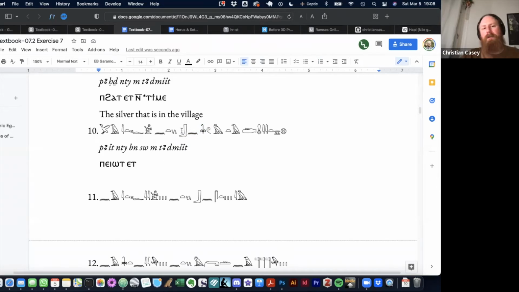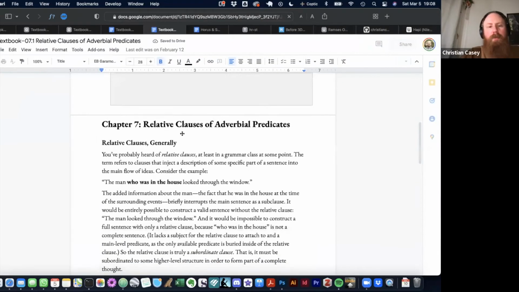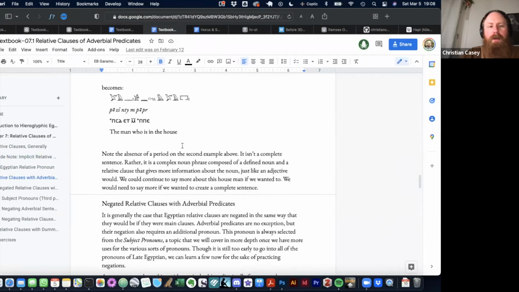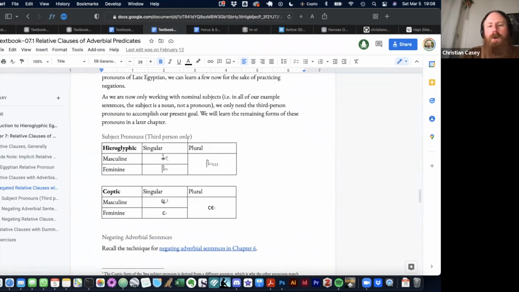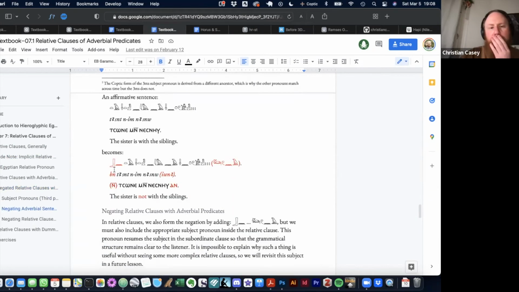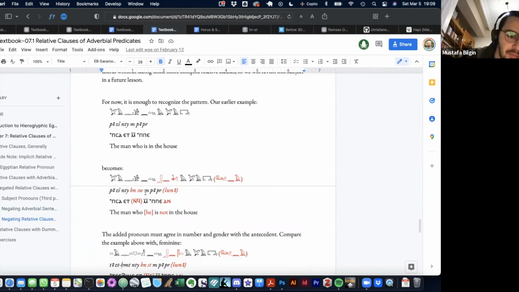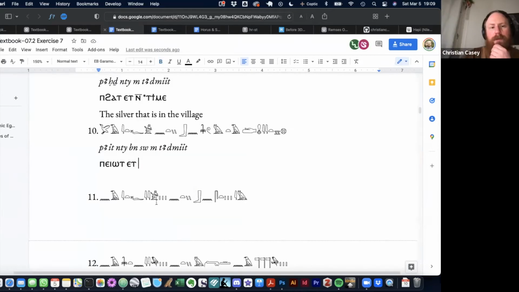But we don't have that. If you'll remember from going over this, I can't remember whether we've seen an example of this or not, but we did go over it together. I talked about negated relative clauses with adverbial predicates. You have this rule that not only do you make it negative by putting in the negative word, you also have to add a third person pronoun that agrees.